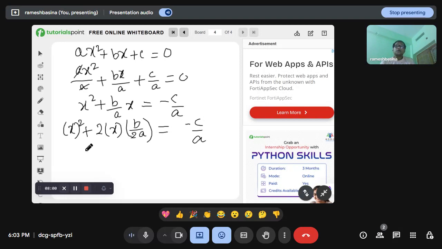Here, you have to add the b square term on both sides. Here the a value is x, the b value is b by 2a. Now, to make it a plus b whole square, add b by 2a whole square on both sides.